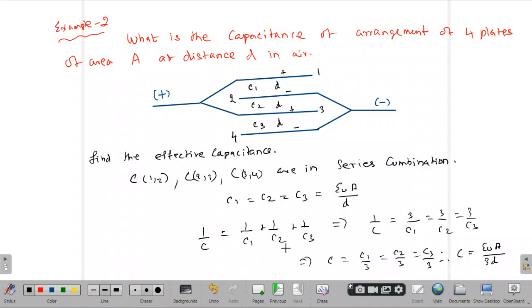C1 or C2 or C3 equal to epsilon naught A by D. So this is the answer, and copy it.